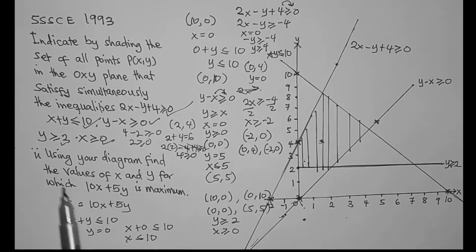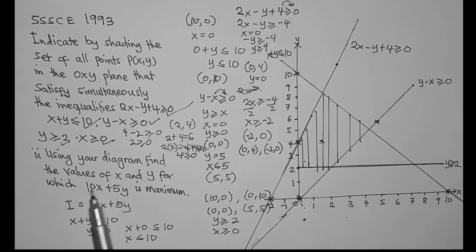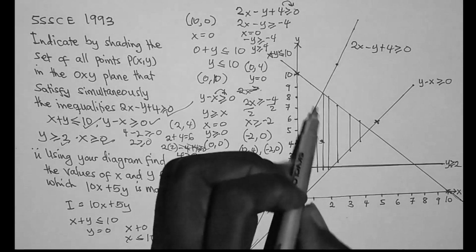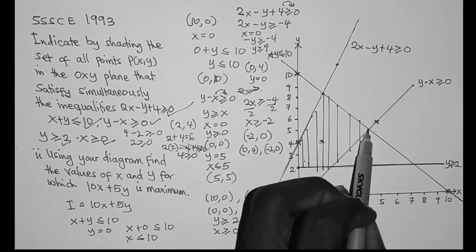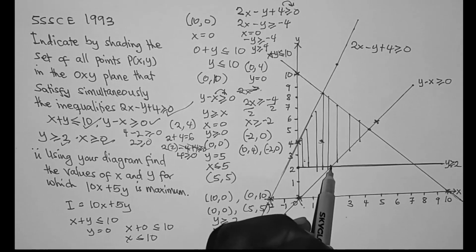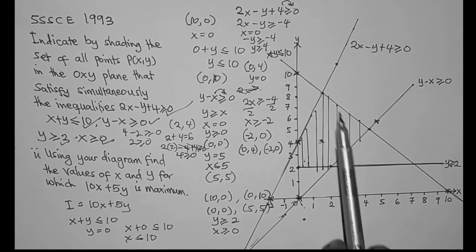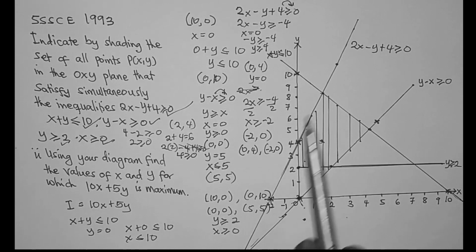Now, in the second part of the question, it says that we should use our diagram to find the values of x and y for which the objective function I equals 10x plus 5y is maximum. So what we will do is that we will then go ahead and label these points, because these are the points that set the boundaries for this required region.